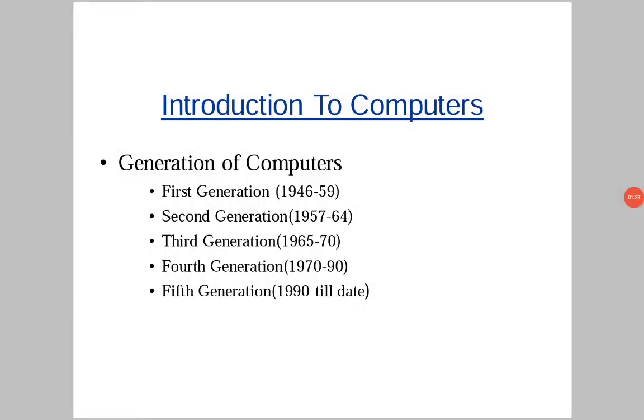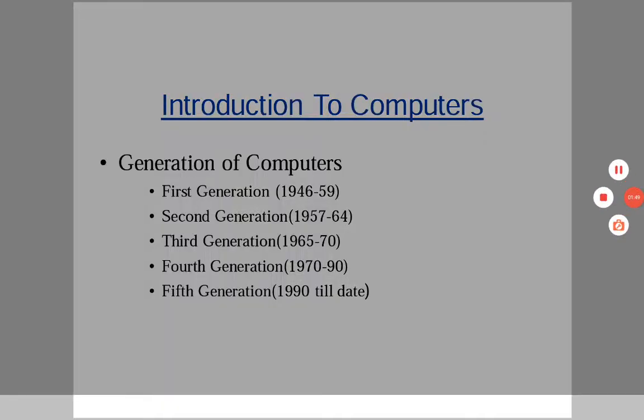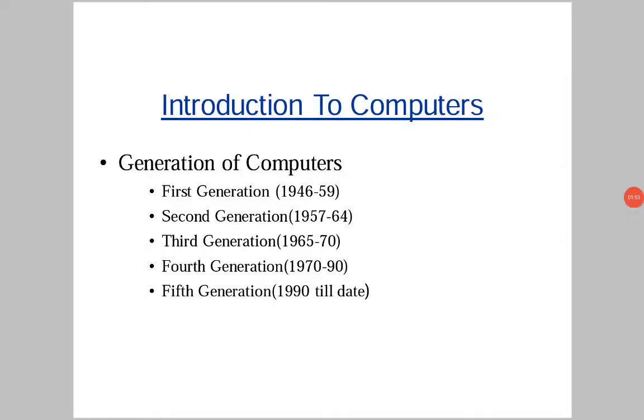There are 5 generations of computers: first generation 1946 to 59, second generation 1957 to 64, third generation 1965 to 70, fourth generation 1970 to 1990, and fifth generation 1992 till date.